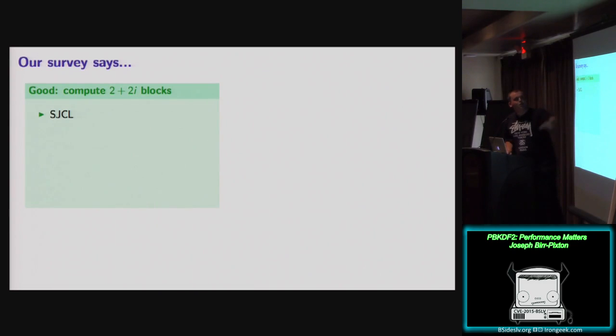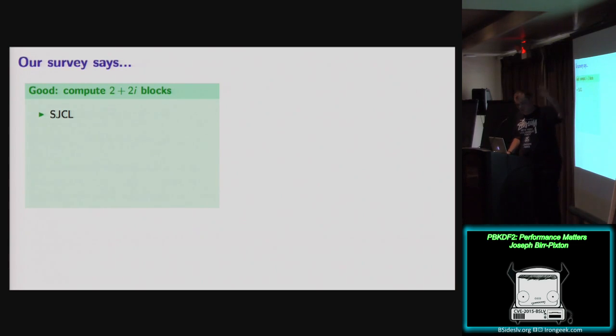So the winner is SJCL, the Stanford JavaScript Crypto Library. They win because I looked through the entire version history of the library, and they got it right from the very first commit. So, excellent, very good job.